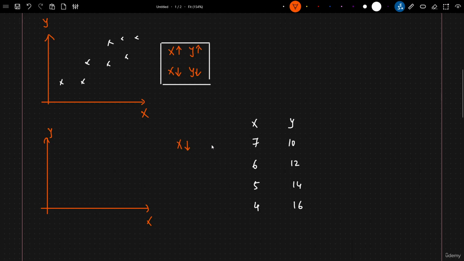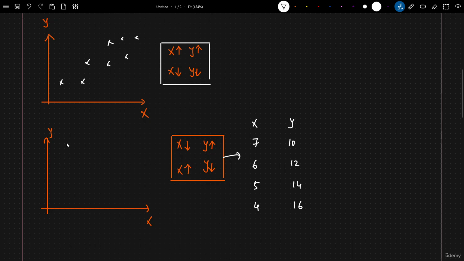When x is decreasing, y is increasing, right? 10, 12, 14, 16. When y is decreasing, do you see x is increasing, right? If from 16 to 14 it goes, at that point of time your x increases. So if I consider this data set, it satisfies this relationship.